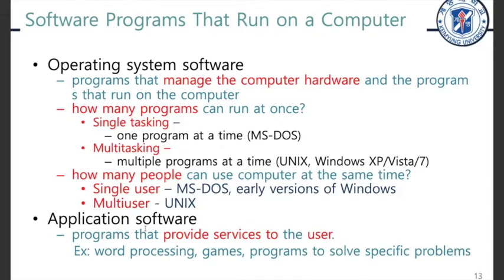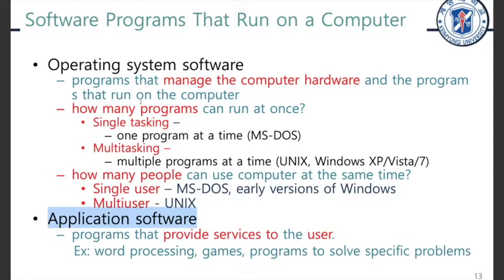You have 2 types of programs. There are operating systems and there are application software, which we mainly focus on in this class. Operating systems are programs that manage the hardware of the computer. There are multiple ways of classifying operating systems.